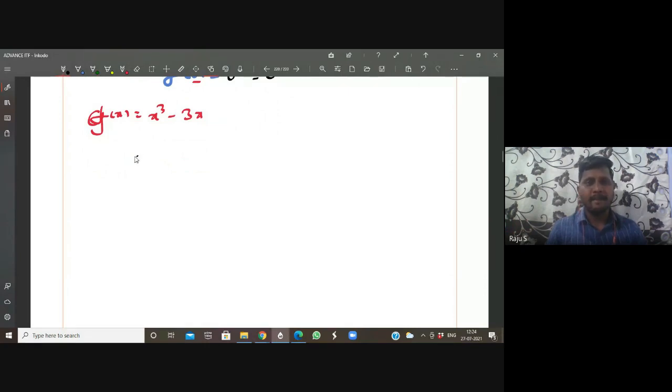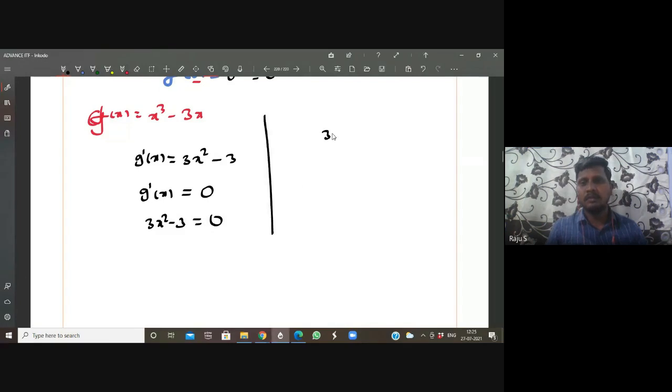See, first what shall we do here? Differentiate. What is g dash of x? 3x square minus 3. Now for maxima and minima, g dash of x equating to 0. So 3x square minus 3 is equal to 0, right?